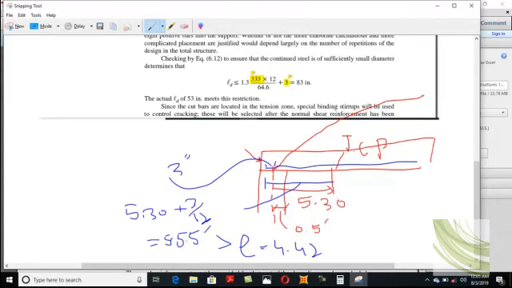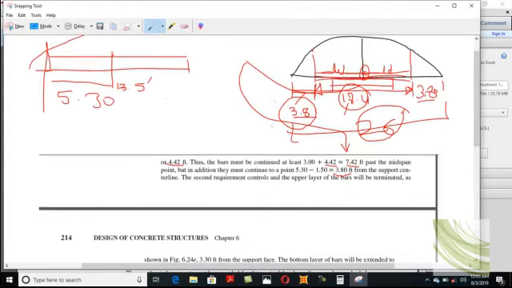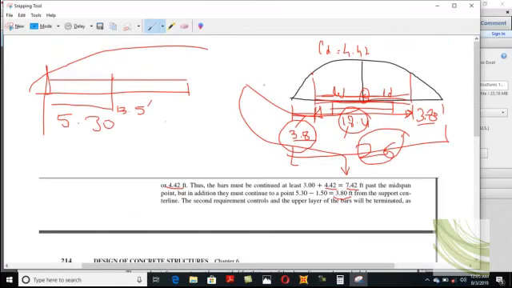So as this is exceeding, I already mentioned that the bars which you are going to cut at the theoretical point, this is your theoretical cutoff point.